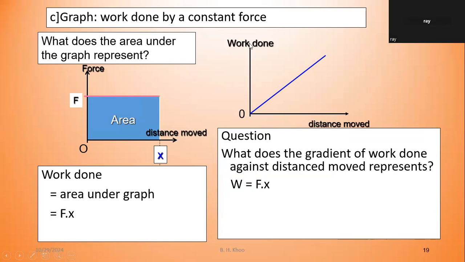That's the work done, W, and that's your x. So F is given by the gradient of the straight line. Compare with the equation of a straight line, y equals mx. Right? So force can be obtained from the work-distance graph as the gradient.